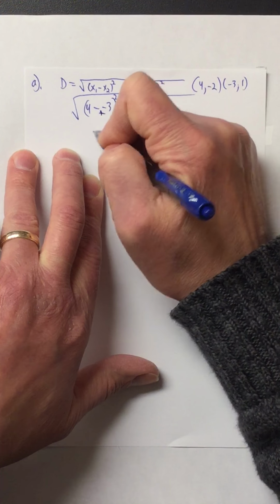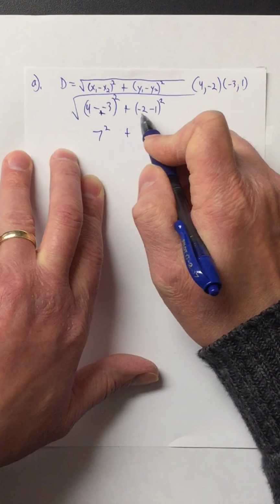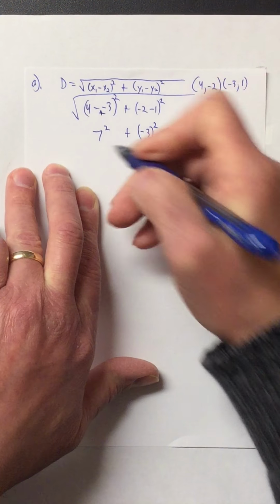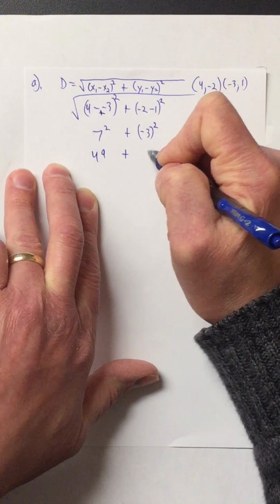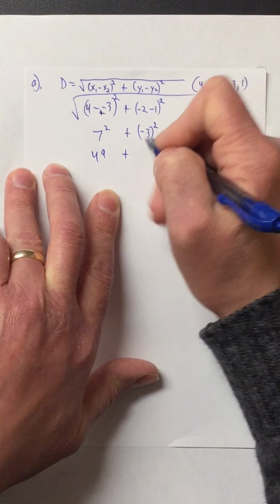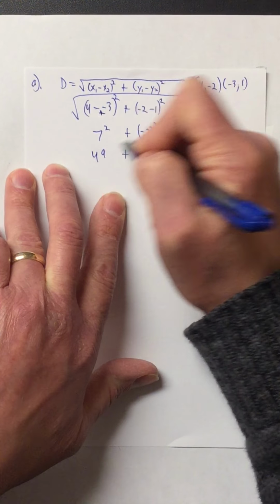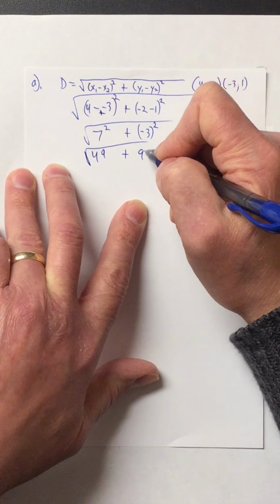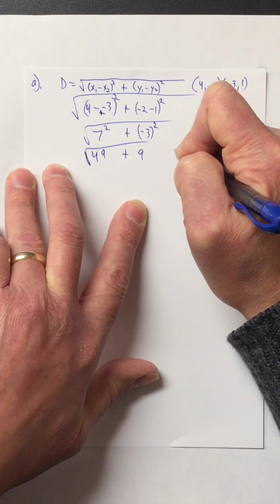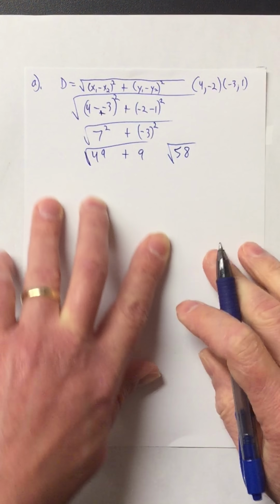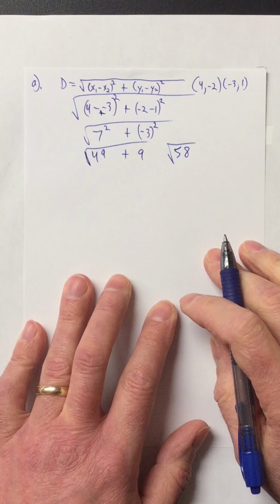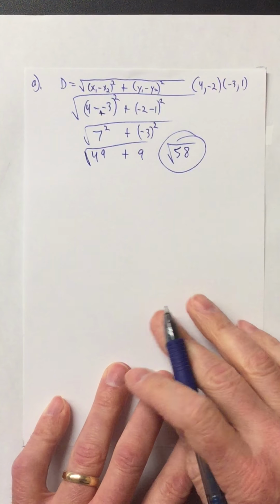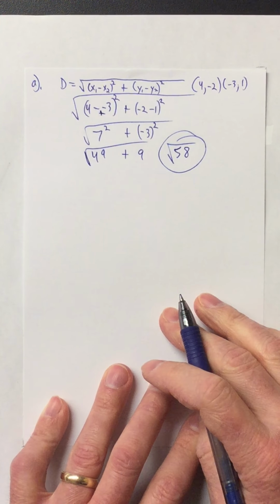So 4 plus 3 is 7 squared, plus negative 2 minus 1 gives me a negative 3 squared. So it looks like 49 plus negative 3 times negative 3 is 9. And once again, my square root is still sitting in there. So 49 plus 9 is 58, and I can't really reduce that anymore. So square root of 58 is my answer for practice problem A.